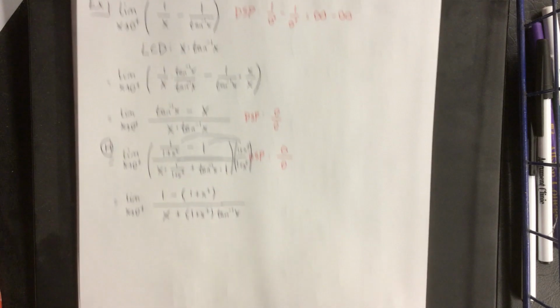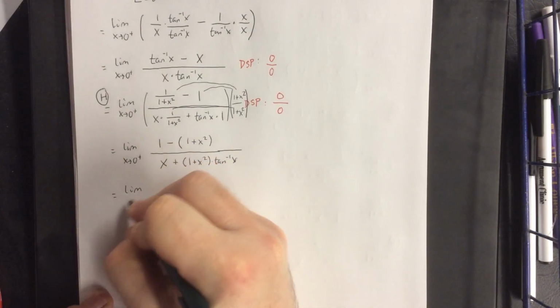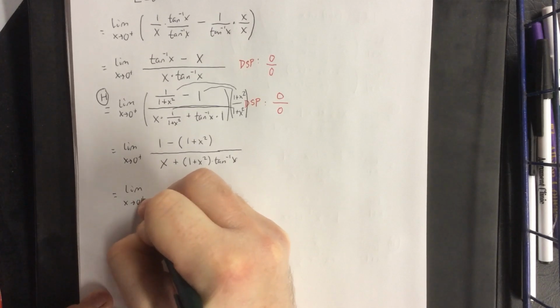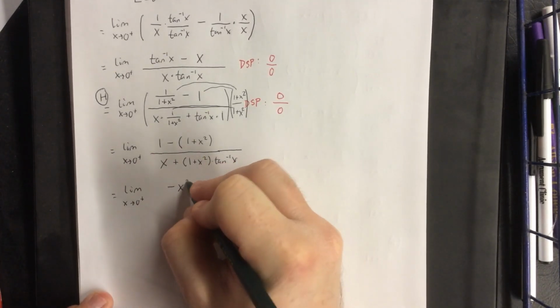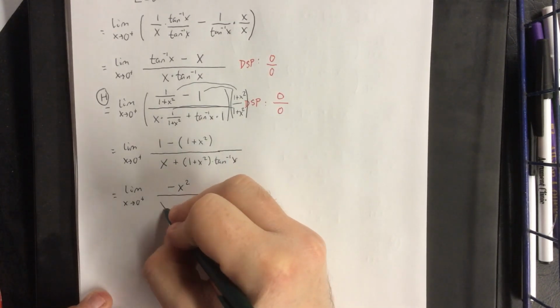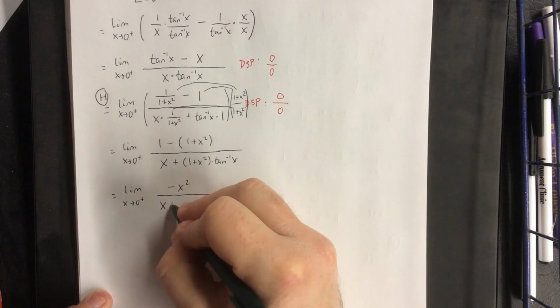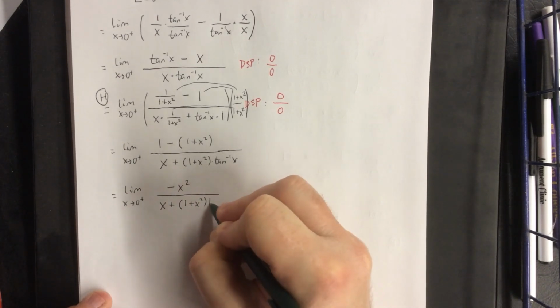Continuing to algebraically simplify the numerator, this will be the limit as x approaches 0 from the right of, distribute the minus sign and cancel the ones, I suppose. And we'll get x plus, not a whole lot to do here, so we'll just leave it in its current form.